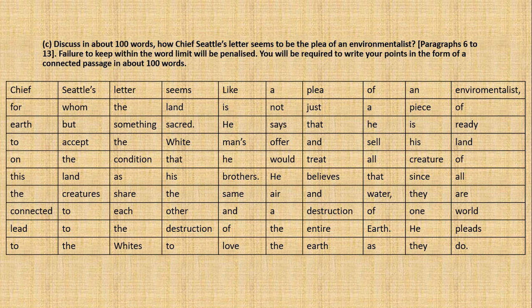He believes that since all the creatures share the same air and water, they are connected to each other, and the destruction of one world leads to the destruction of the entire earth. He pleads to the whites to love the earth as they do, meaning as Chief Seattle and his people do.